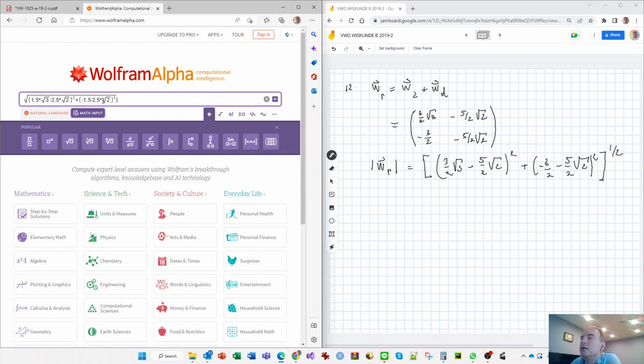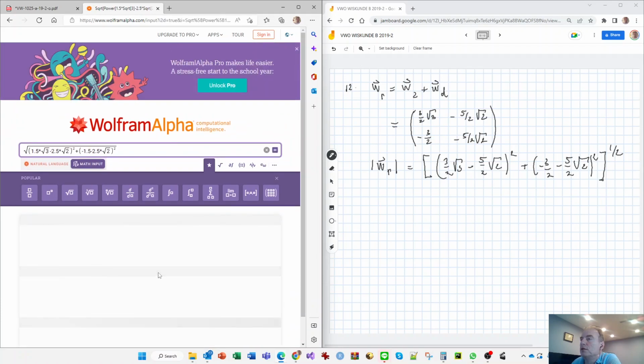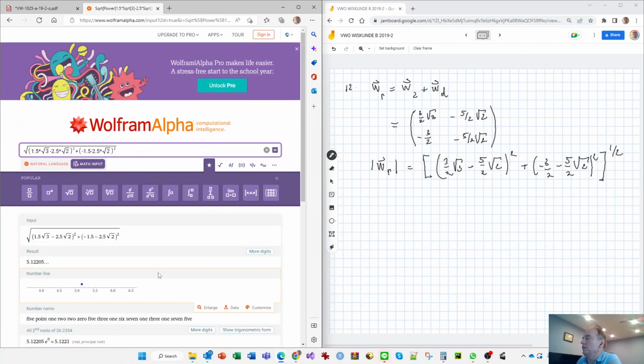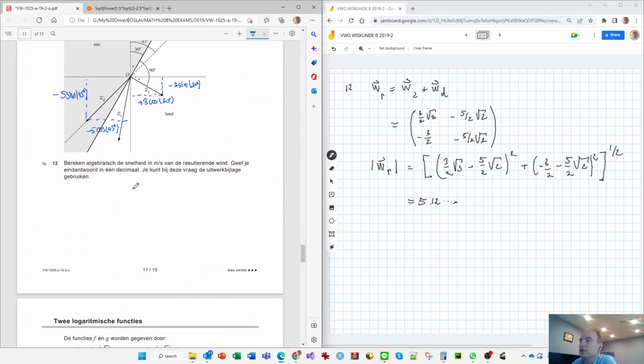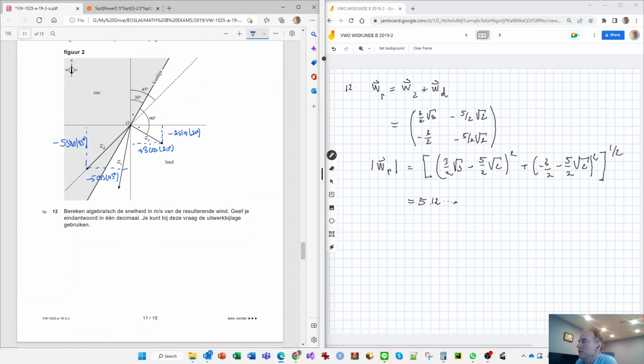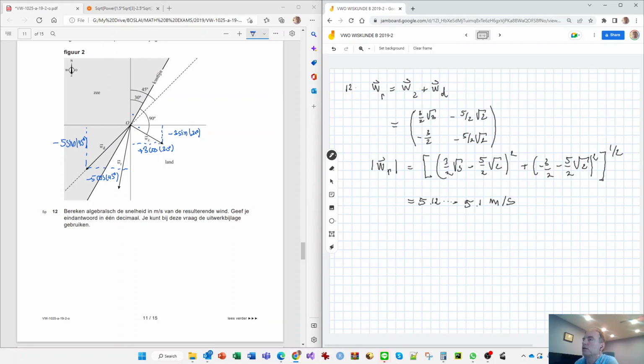Okay. Then you get 5.1. And we had to give it in 1 decimal. So it's 5.1 meter per second.